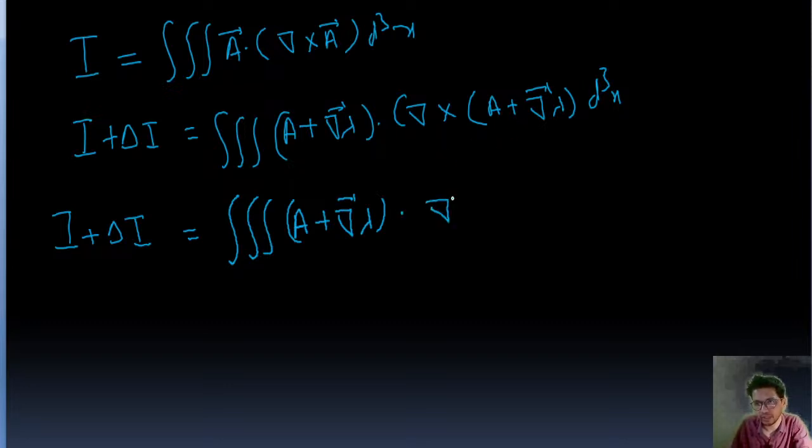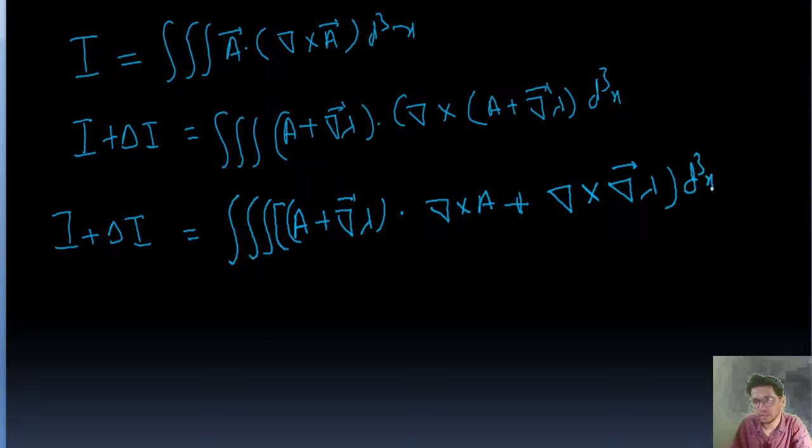So this is going to be del cross A plus del cross gradient of lambda, and this is d cube x, right?